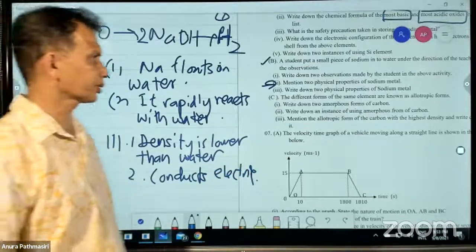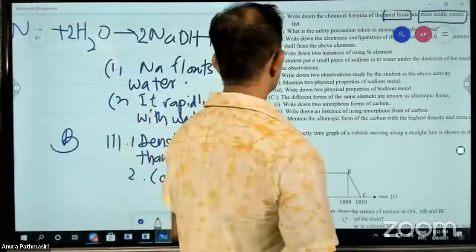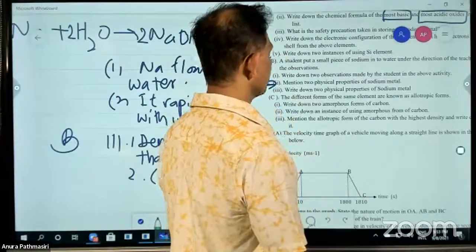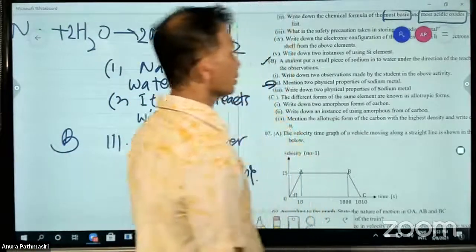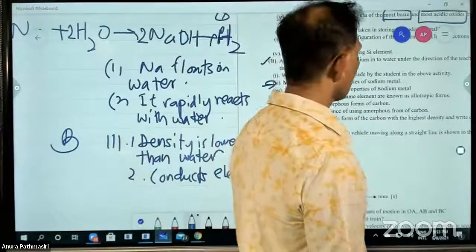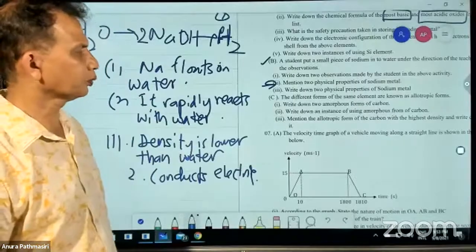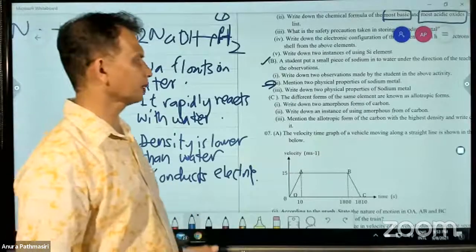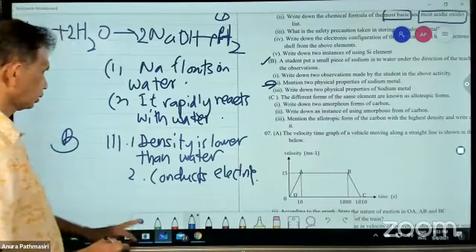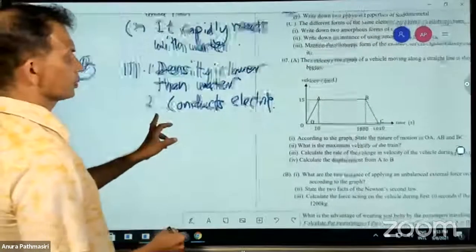Those are the answers. Write down the different forms of the same element are known as allotropic forms. The different forms of the same element are called allotropic forms.